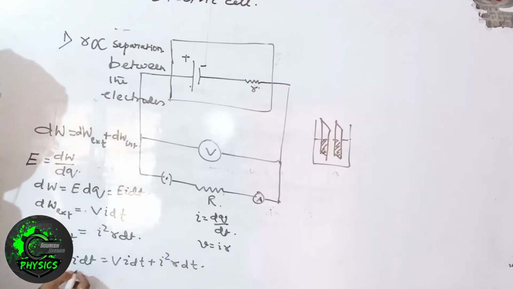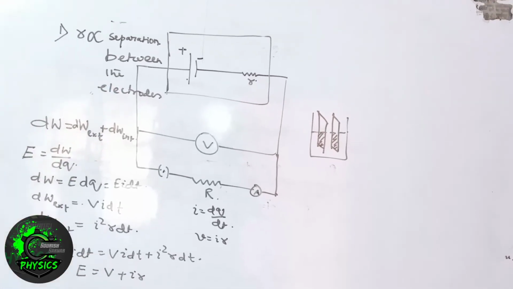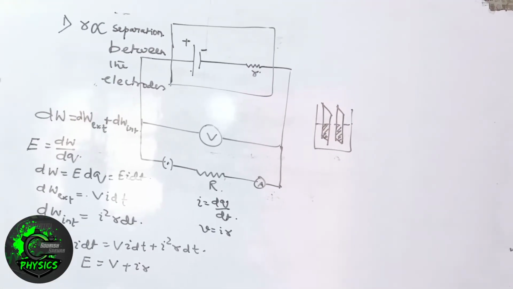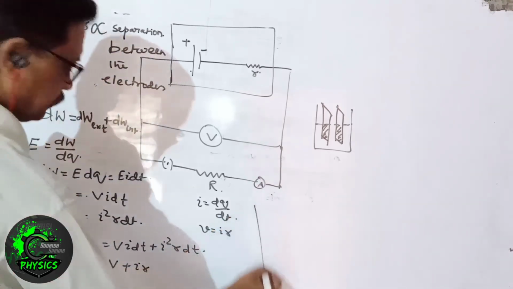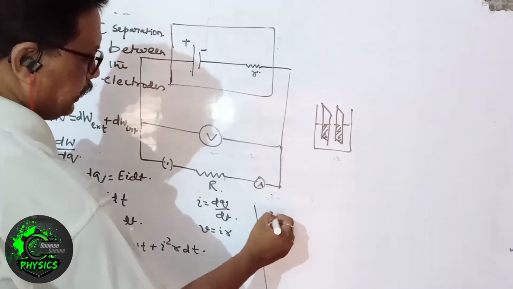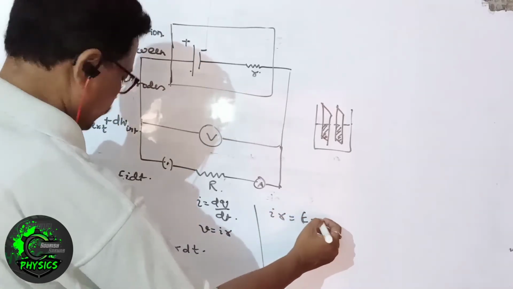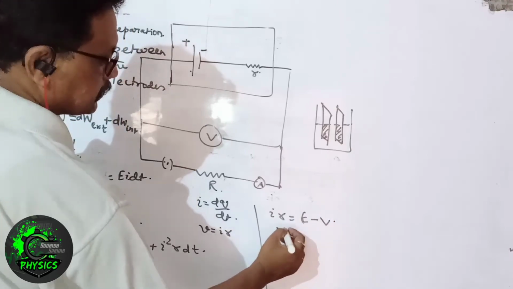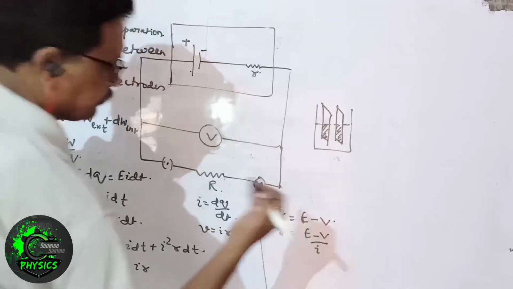If we remove dt and I, then we get E is equal to V plus I into R. So EMF is equal to terminal voltage plus I into R. So I into R equals E minus V. So R equals E minus V by I.